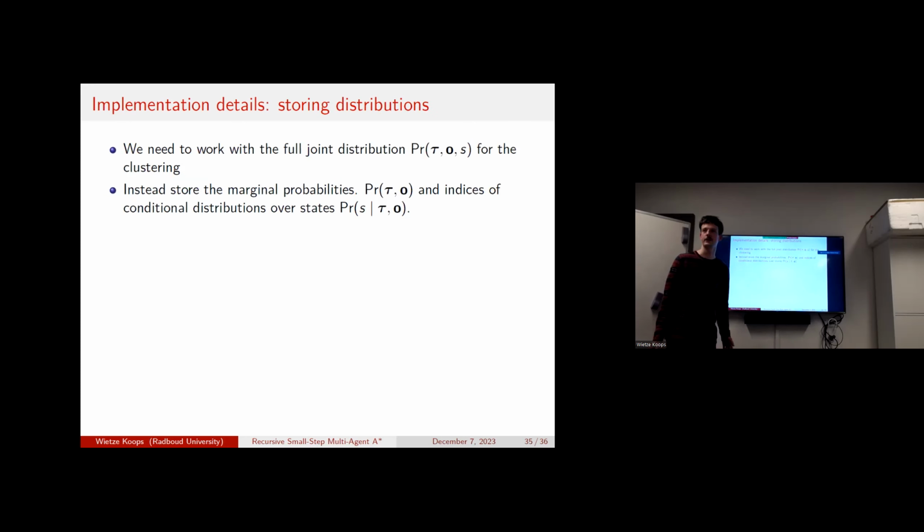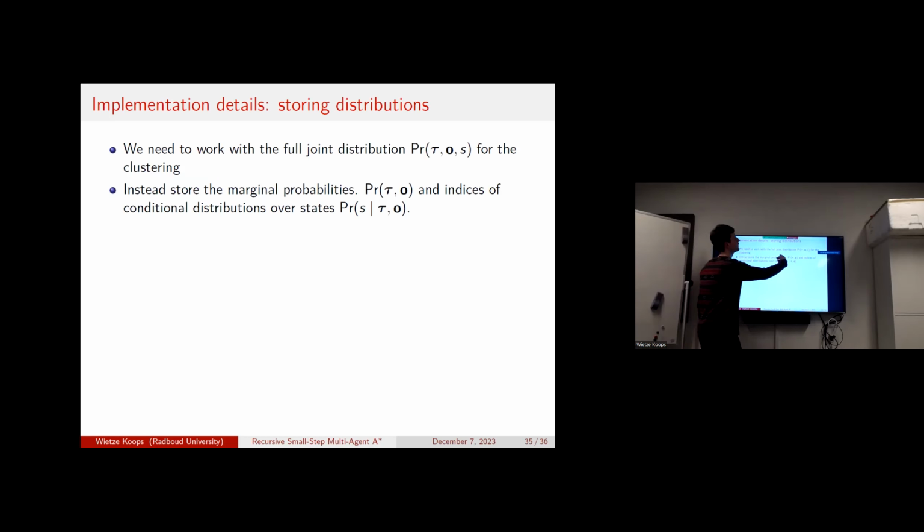To do the clustering, we need to work with the full joint distribution over the previous joint observation history, or in practice over the clustered observation history, so over the previous clusters of all the agents, the new joint observation and the state. We need to reason about all of these. How do we actually store these?